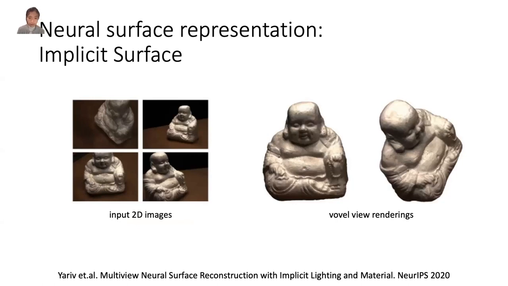By the way, the normals can be easily derived from the SDF. The texture network can be seen as an approximation of the bidirectional reflectance distribution function, BRDF, which is universally used in classic rendering and describes the interaction between incoming light and the surface. Now, this allows modeling more challenging lighting conditions and highly reflective surfaces.